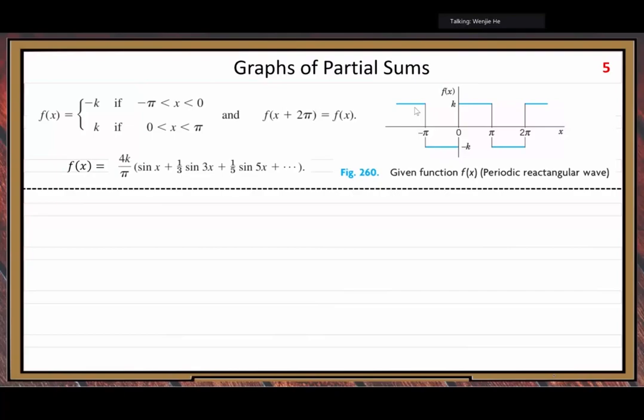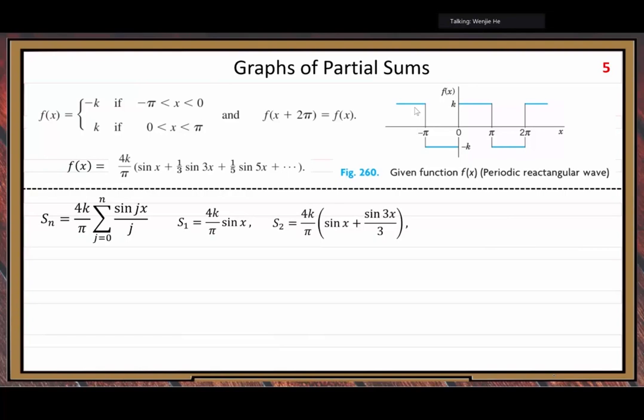Graphs of partial sums. We call it a partial sum: we take part of the terms, the terms up to index i. Let's take partial sums S1, S2, S3 and draw a graph to see if it makes sense.